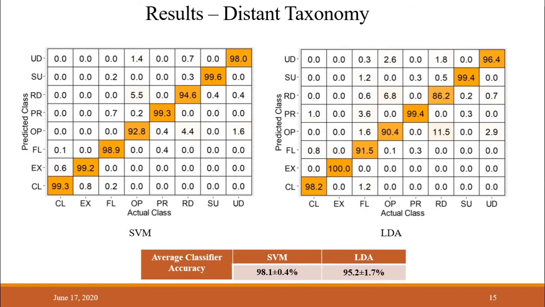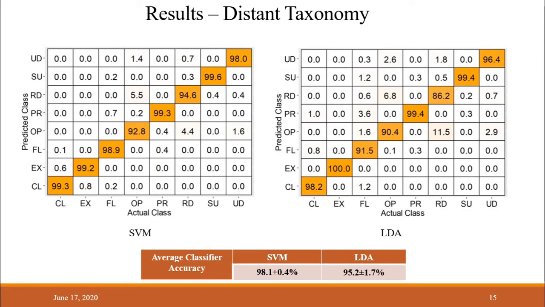The confusion matrices of the two classifiers are shown for the distant taxonomy motion classes. The SVM achieved an average classifier accuracy of 98.1%, while the LDA achieved an average classifier accuracy of 95.2%.